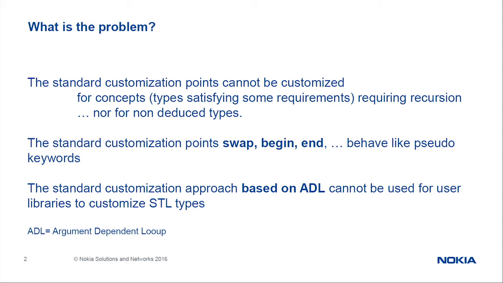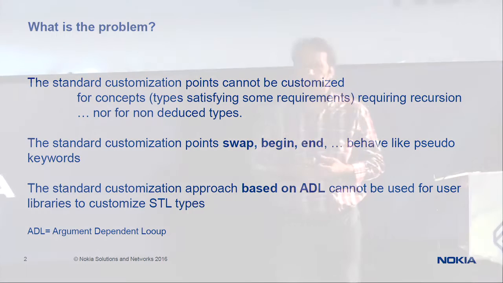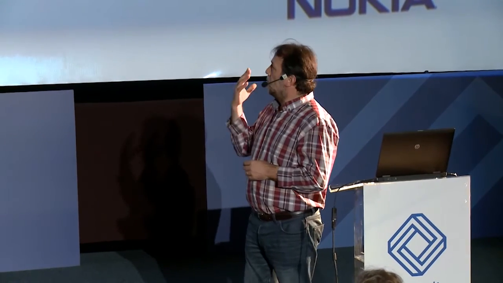And the third point is that the approach we use in the standard doesn't scale. We cannot use it for user-defined libraries. We cannot customize in the same way because the approach of the standard is to use overloading and ADL, and we cannot add overloads on types of the standard.